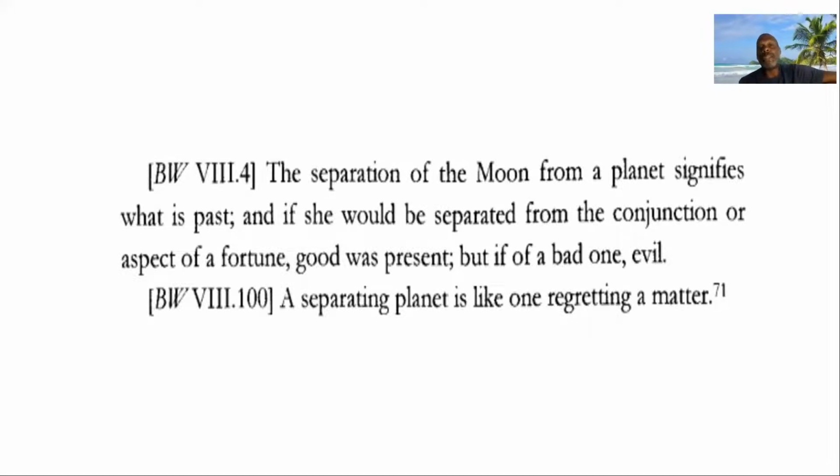And a separating planet is like one regretting a matter. And of course, what's interesting about regretting a matter is that if you regret a matter, you are looking back at it. You're looking back at the matter. So let's now see if we can find a good chart that will help us.